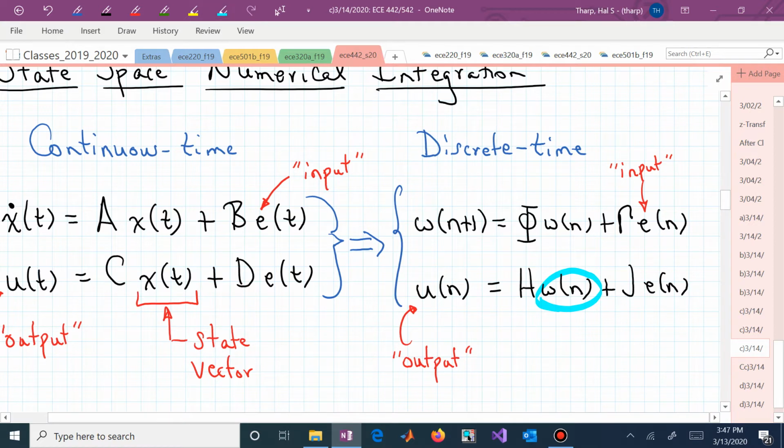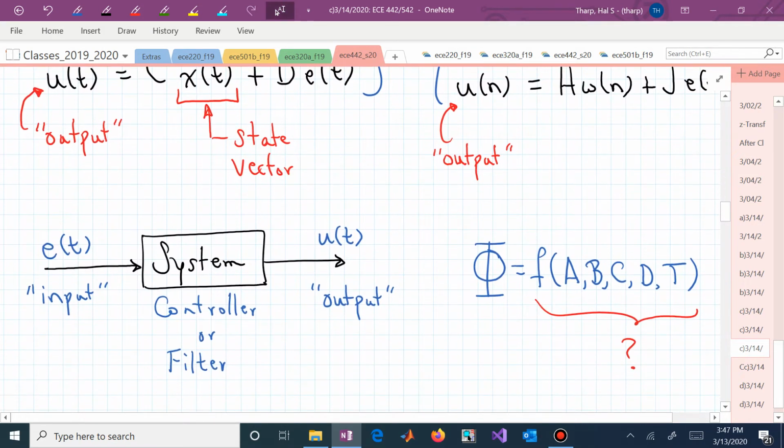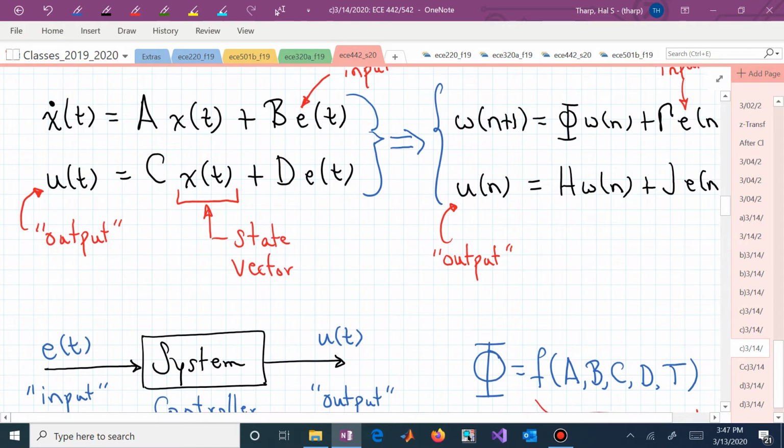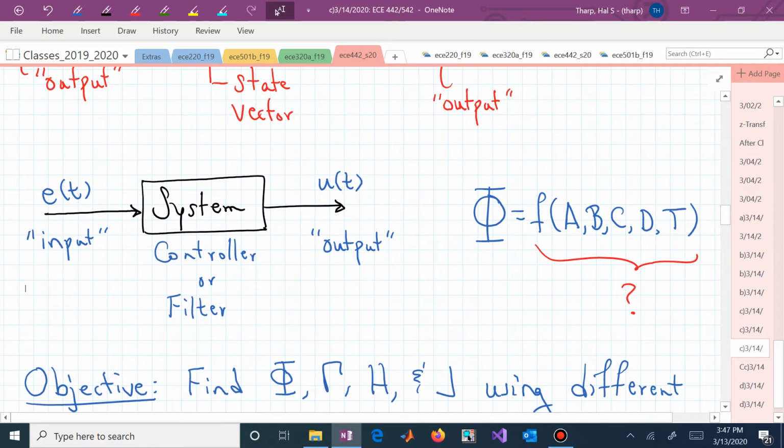It'll be related, but it won't be a direct sampled version of little x of t. Let's find what these expressions for phi, gamma, H, and J are when we use the backward numerical integration strategy.